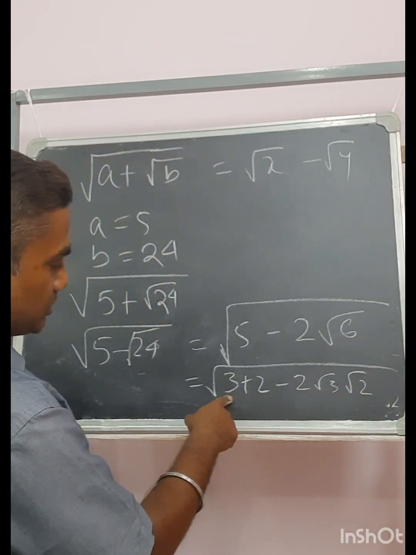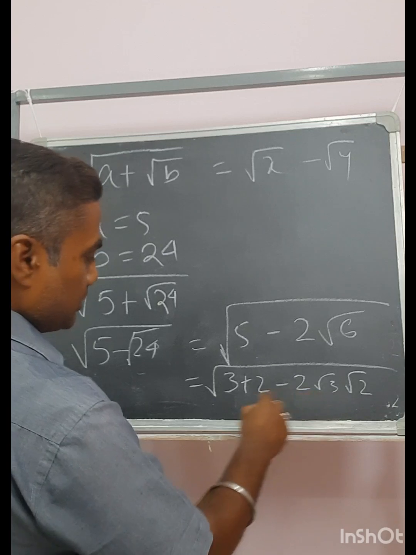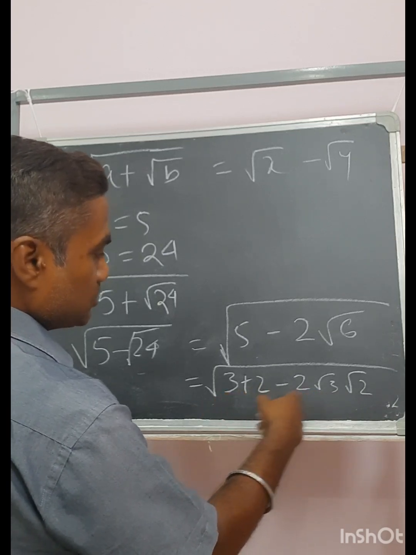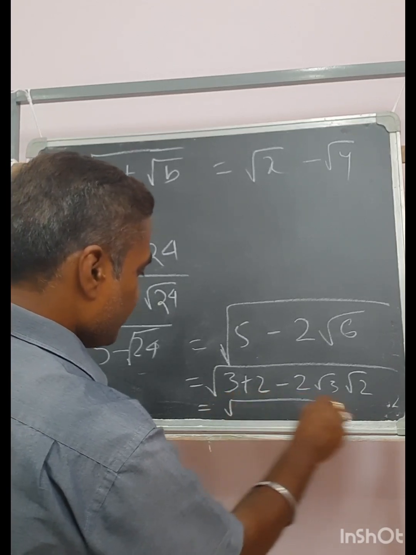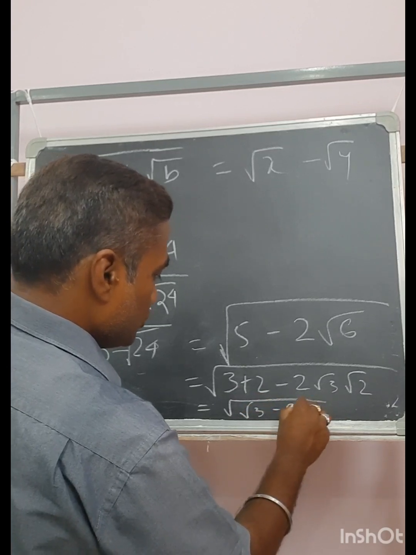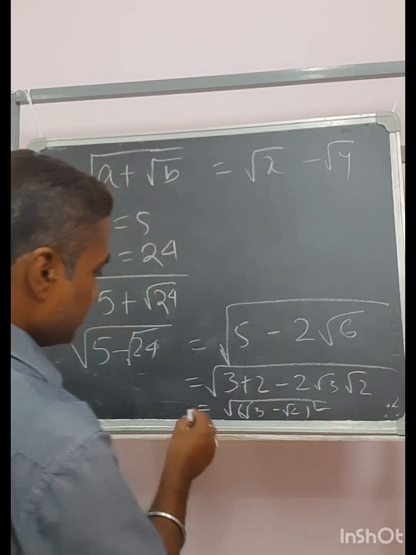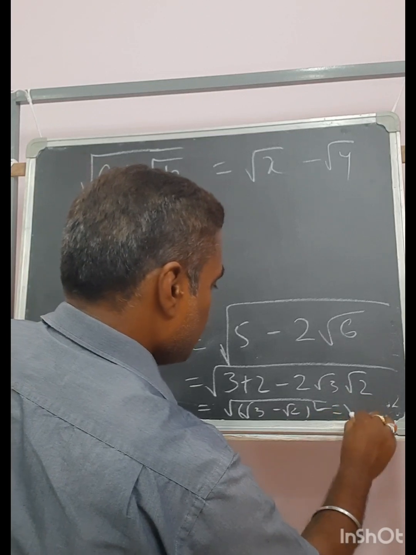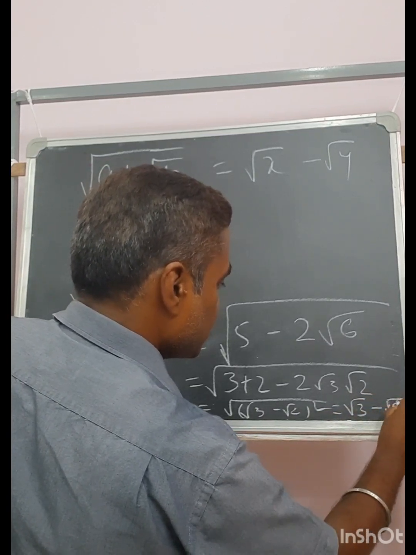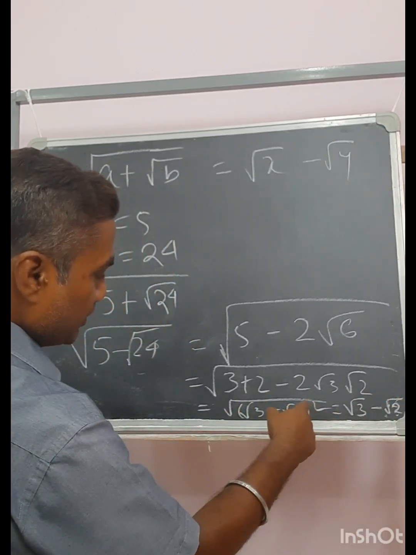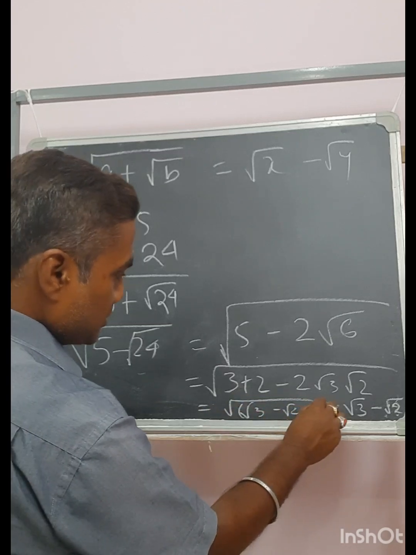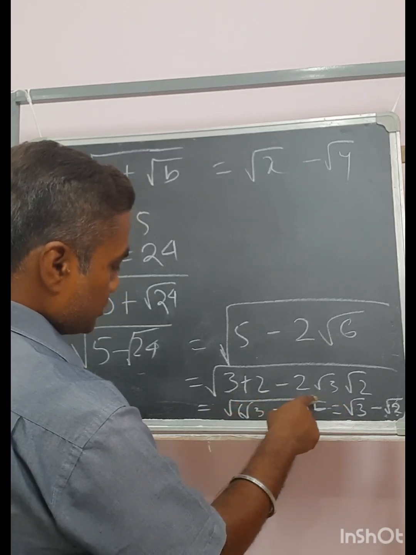So 3 is root 3 square plus root 2 square minus 2ab. This is nothing but a square plus b square minus 2ab. So this is in the form of root 3 minus root 2 whole square. This is nothing but your root 3 minus root 2, as the square is removed because it is being square rooted.